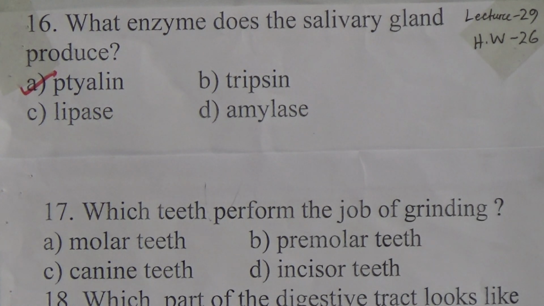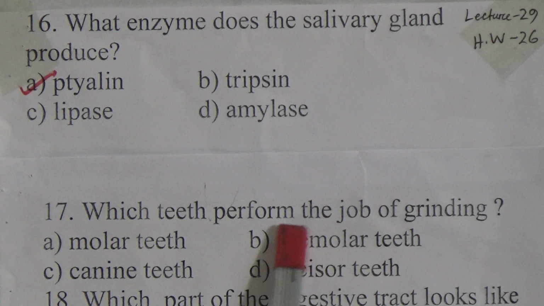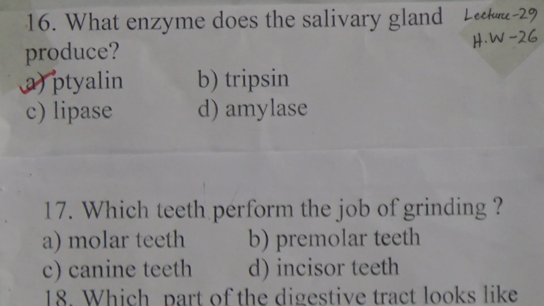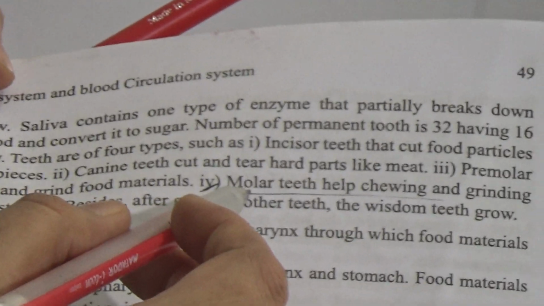Now 17 number question: which teeth perform the job of grinding? Before answering this question, we can see our book. This is your science book. If you open page 49, you can see a point: molar teeth.